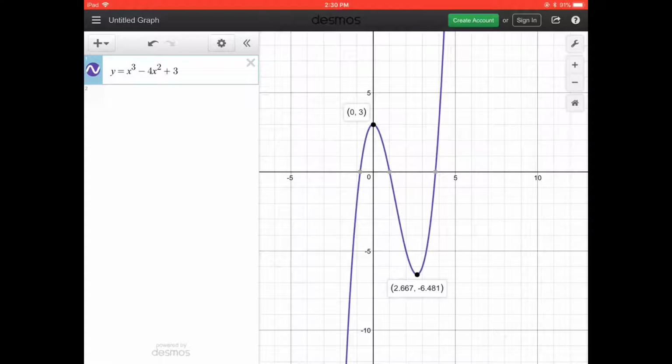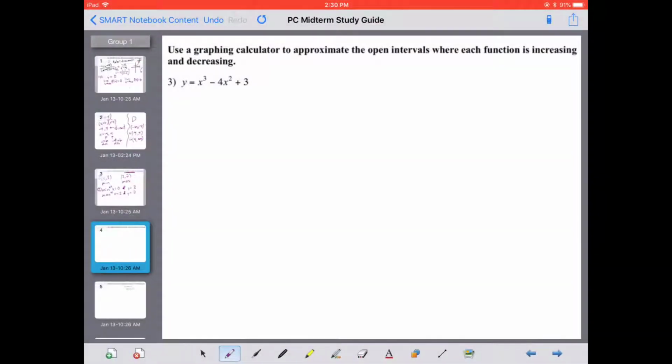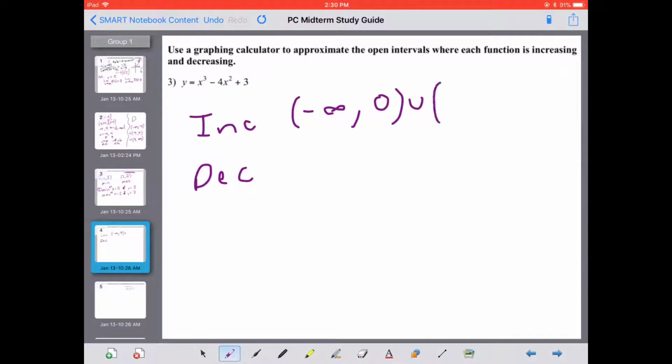So let's go back. I'm going to try my best to memorize this. Alright. So we have increasing and decreasing in that graph. We start off with increasing, so we start off at the left, which is negative infinity, and we went to 0, and then we picked back up.